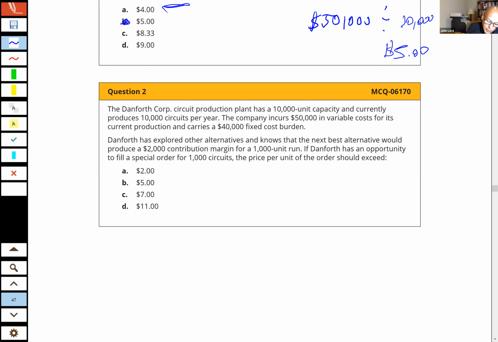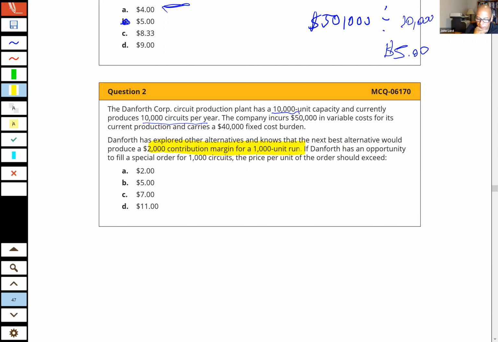Okay, good. And let's just take a look. And now it's a 10,000 capacity factory, and we're producing 10,000 circuits. So we do not have excess capacity. So now we have to consider the opportunity costs associated with getting rid of this other opportunity. We're presumably already producing 1,000 units with a contribution margin of 2,000.